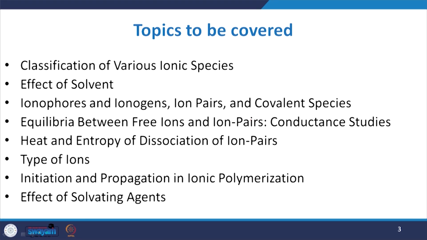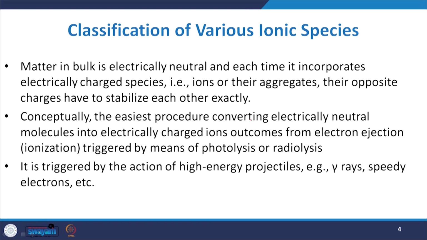Then, as a core part of ionic polymerization, we will discuss the initiation and propagation steps in ionic polymerization. We will also discuss the effect of solvating agents. So, let us start with the classification of various ionic species.